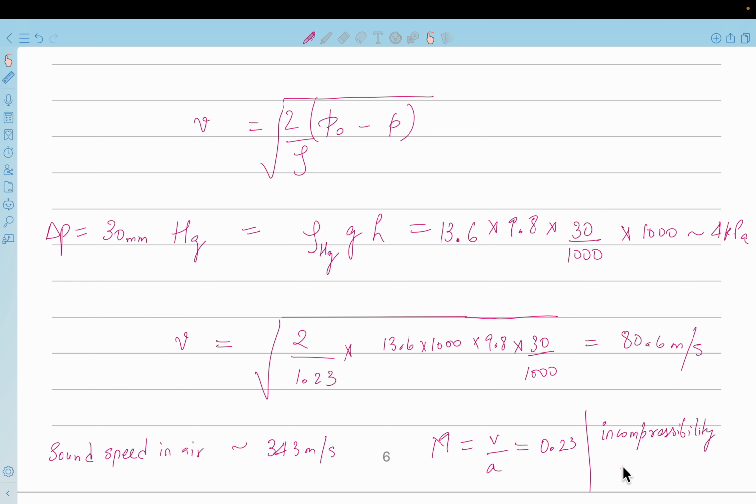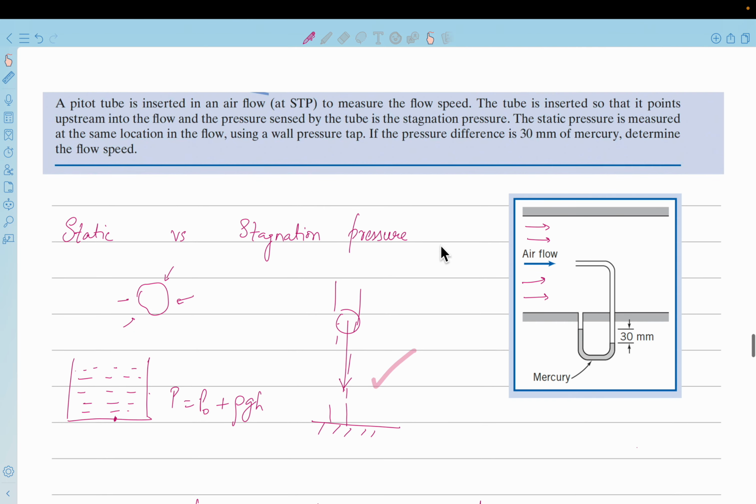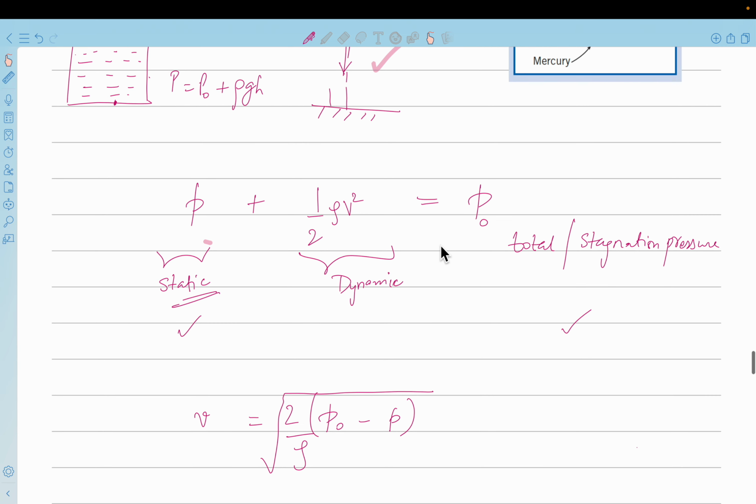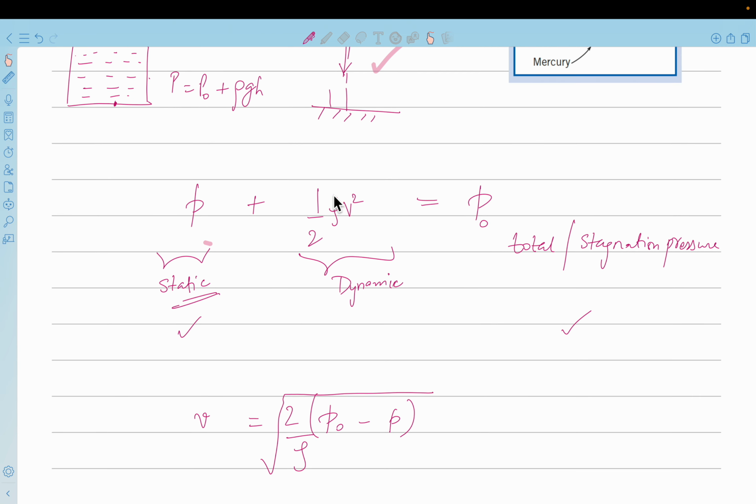Why is this condition of incompressibility important? In any of our equations, have we used this condition of incompressibility? We have considered that the density is constant. You just assume that whatever change, see, P naught minus P is what you have measured experimentally, right?